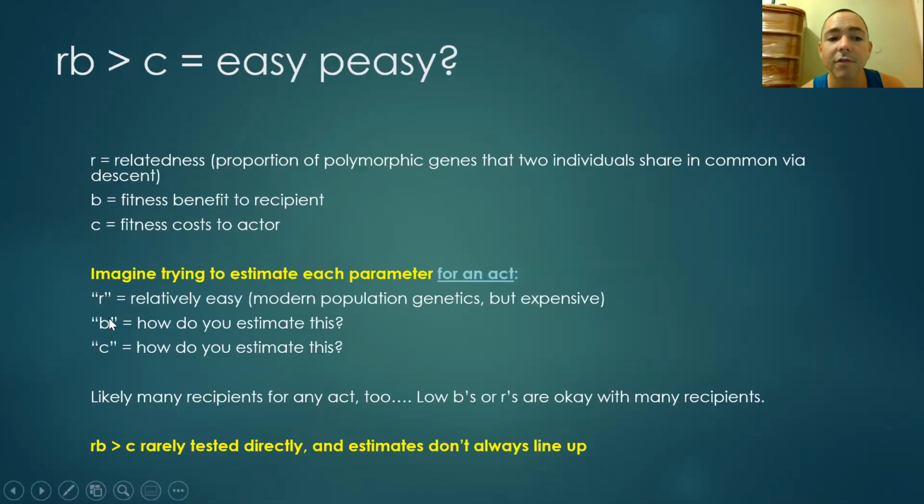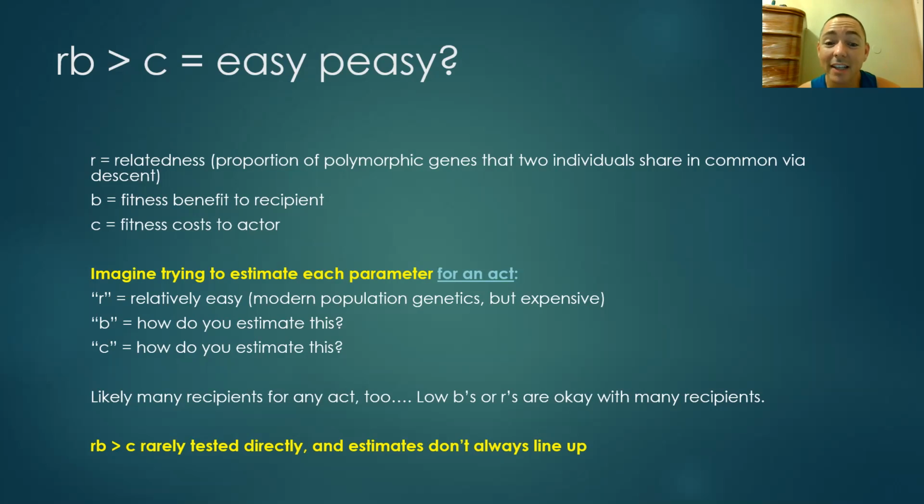But how do you estimate that for every single individual in our group, and presumably the benefits won't be the same based on who's near me and who's far away, and all of those things will influence whether or not I call at all. It's no shocker that although this little inequality makes a lot of sense, estimating it in real life and seeing whether or not it holds true is very challenging.